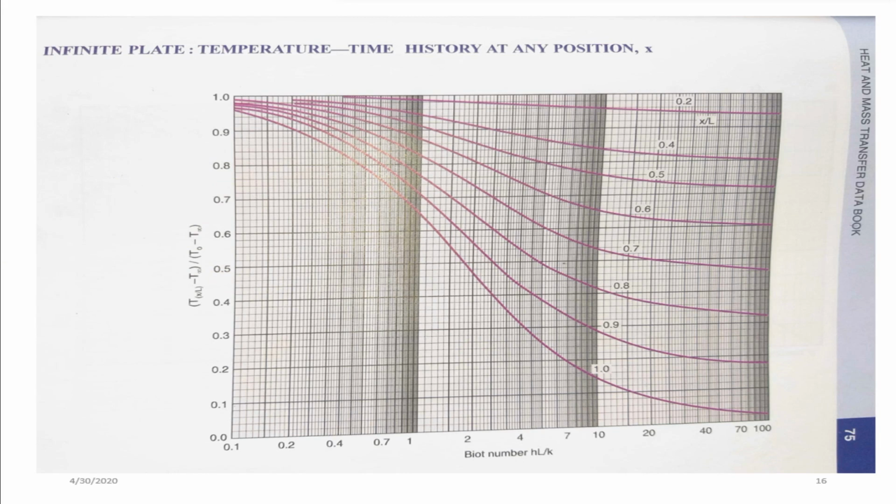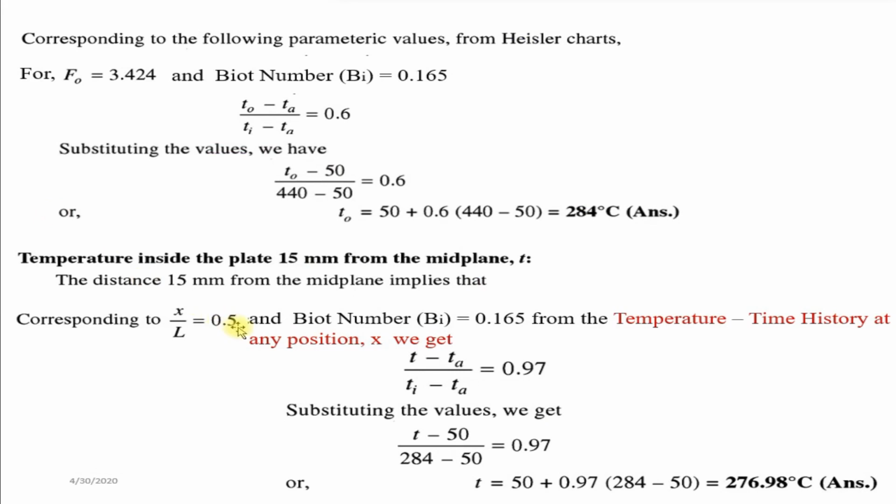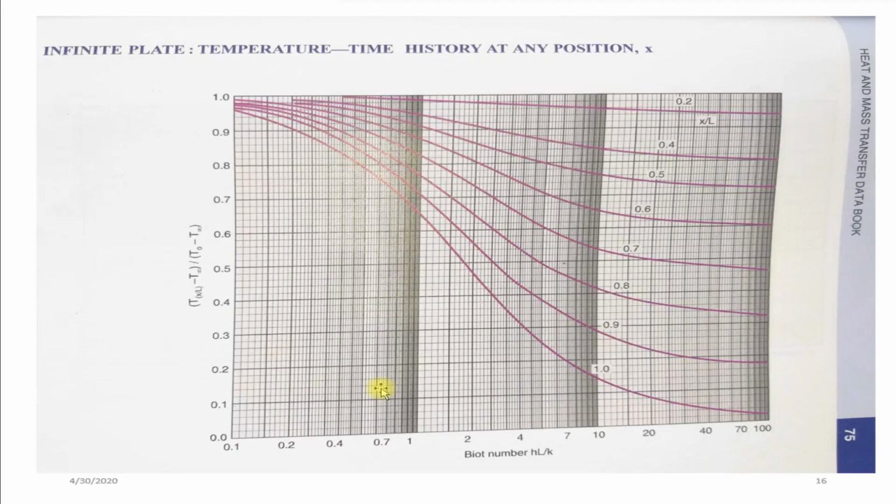So for an x by L of 0.5 and a Biot number of 0.165, from the temperature time history at any position x, if you go to the graph of x by L 0.5 and Biot number 0.165, you have to locate the point now. The x by L value is 0.5, that line is here, okay.